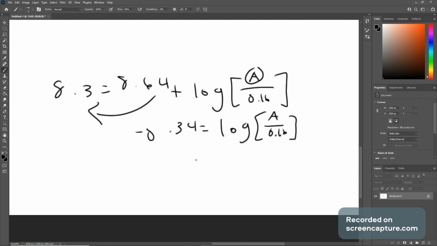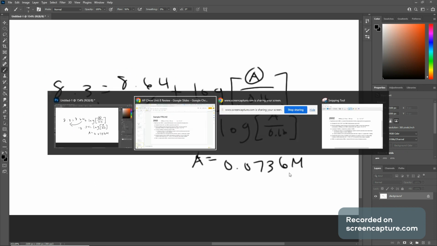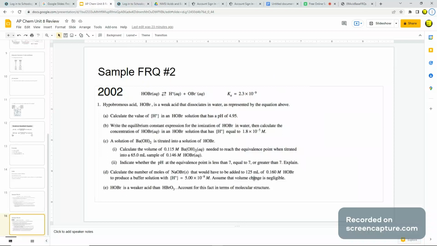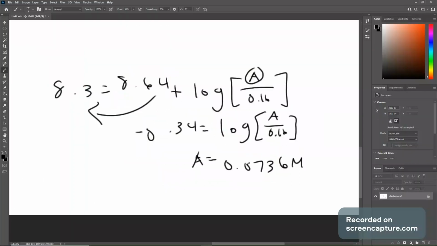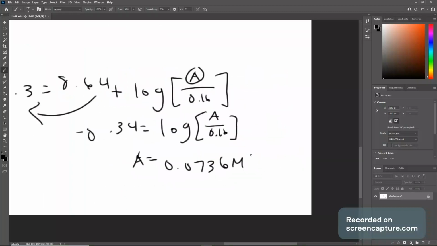And then you do some more simplifying, and you get that A will equal 0.0736 molar. But you're not done because the question is asking you for the number of moles. So they told you that you had 125 milliliters, so this equals x over 0.125 converted to liters. Multiply that over, you get x will equal 0.0092. So that was a pretty tricky one.